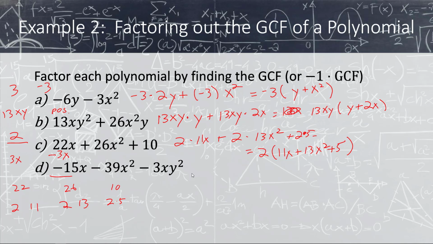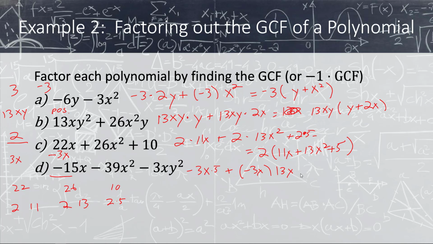So negative 3x times 5 will produce for us negative 15x. Plus negative 3x times 13x will produce for us negative 39x squared.